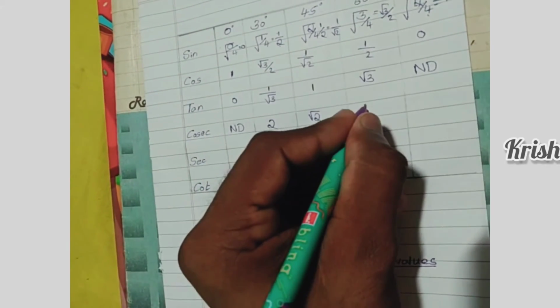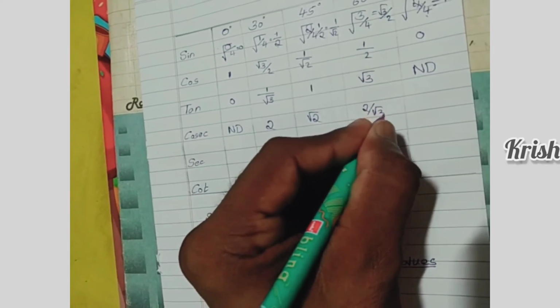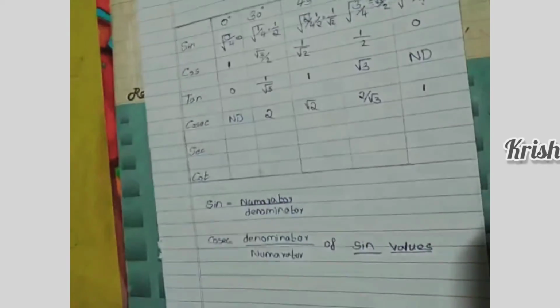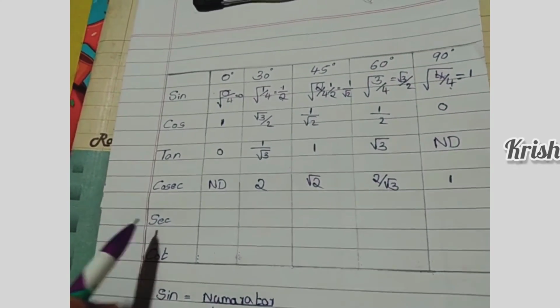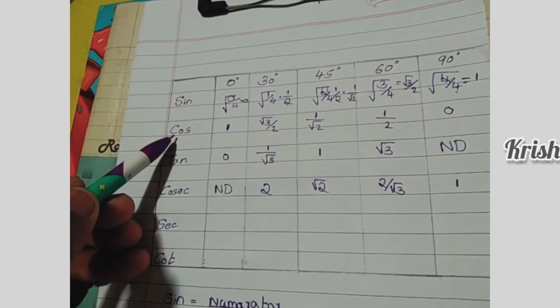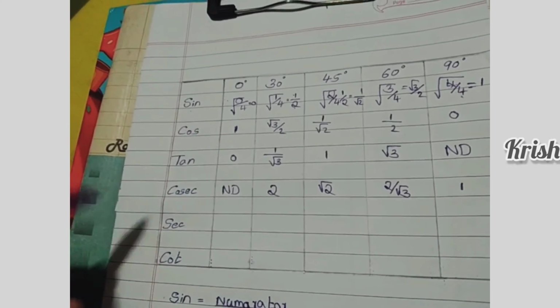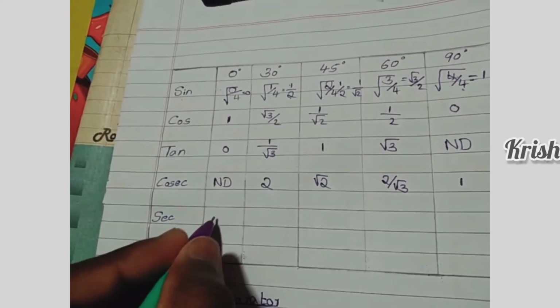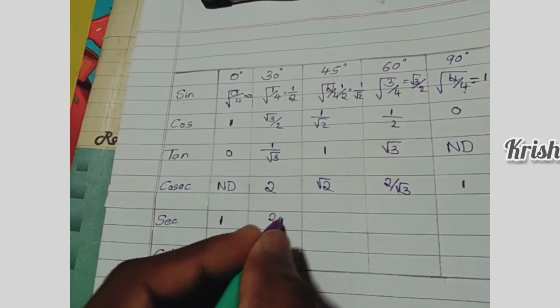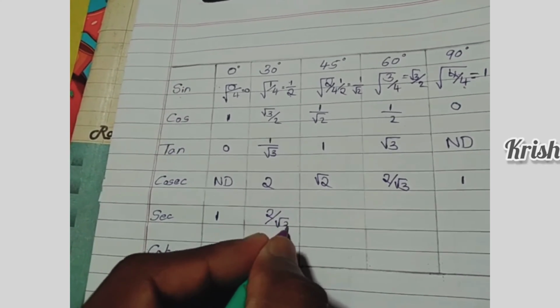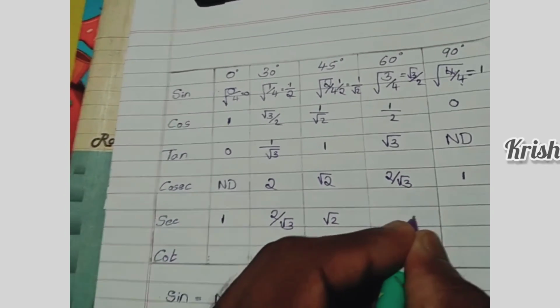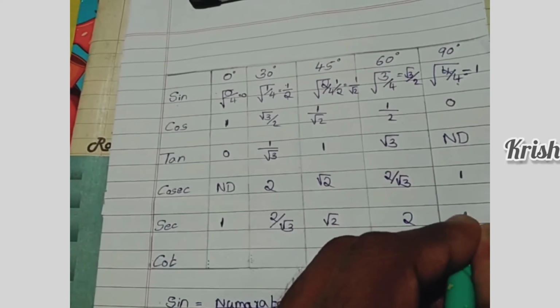Here 2 by root 3 and here 1. To find the values of sec theta, the procedure we follow to find cos theta is followed here. Okay, 1, 2 by root 3, root 2, 2 and not defined.